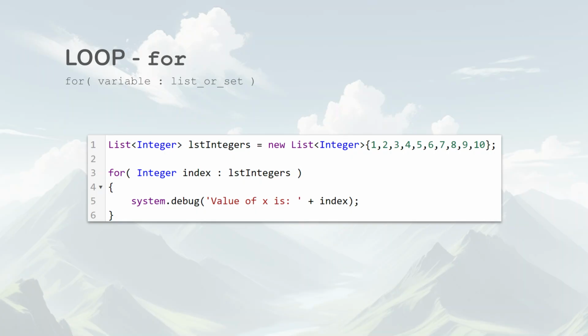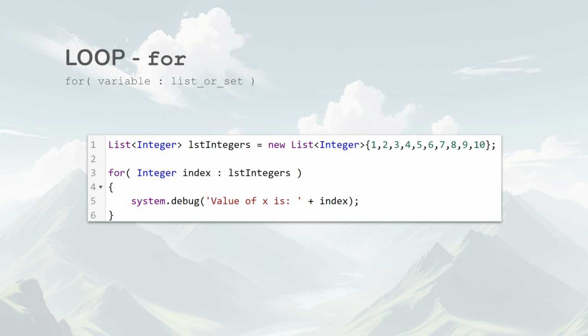Let's now try to understand the other variant of the for loop, which accepts the attributes variable and list or set. If you look at the syntax, you will notice the difference in the code that's inside the for bracket. Variable will represent an element in the set or list that we will provide after the colon.